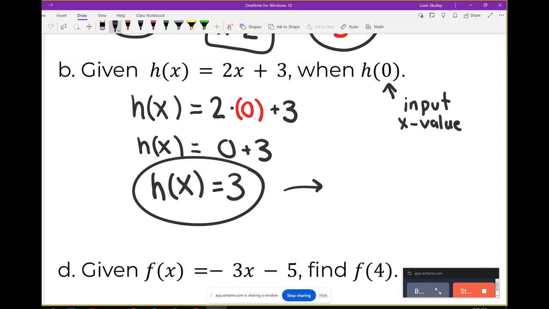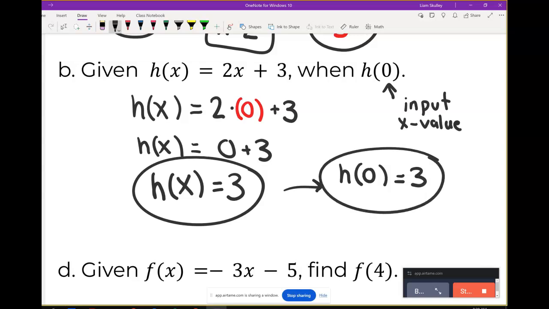Sometimes you'll see people write this as, instead of having their x here, you'll write it as h of 0 is equal to 3. This is also a good way to write it. What this just shows is your x value, your input, and your output at the same time. Input. And then you get what your output was.